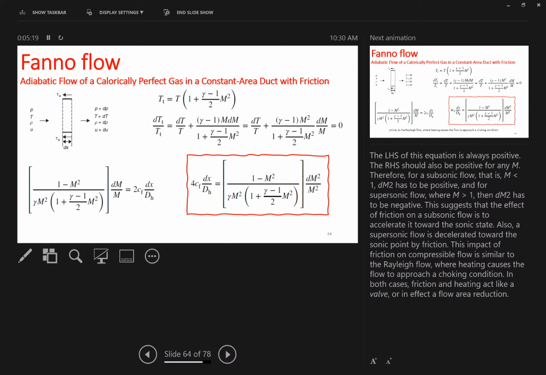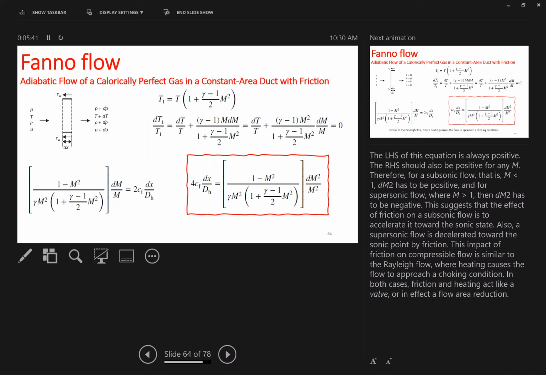We already know at this point that there is choking happening in the Fanno flow, right? But we want to investigate it mathematically. Why does it happen? So let's look at this left-hand side of the equation. What is the sign of this part of the equation? It is going to always be positive, right?